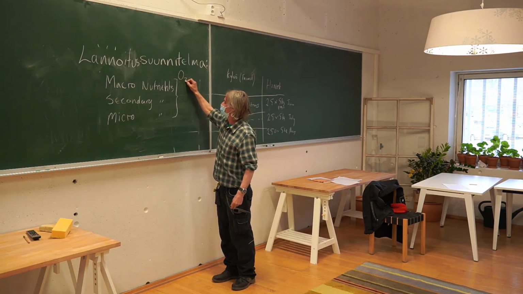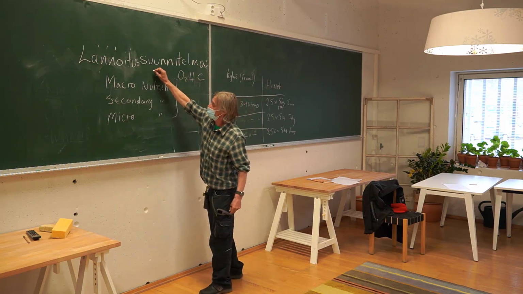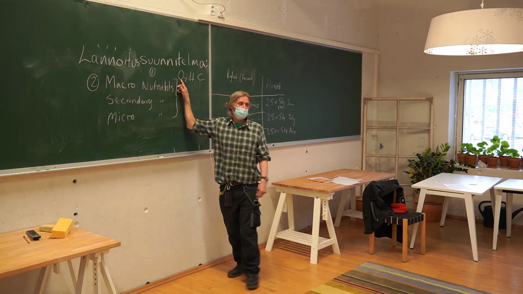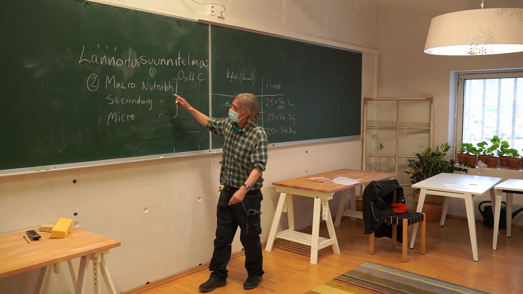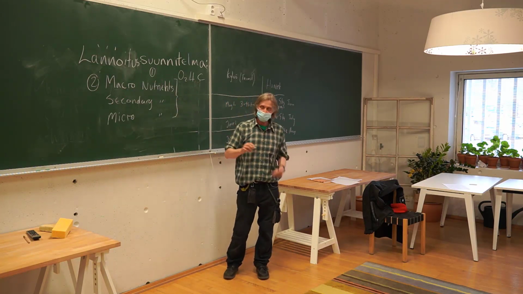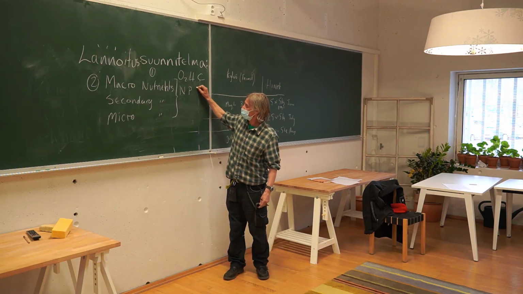Oxygen, hydrogen, and carbon. Number one. Number two, we all need oxygen, hydrogen, and carbon. That goes without saying. In plants, the macronutrients are NPK.